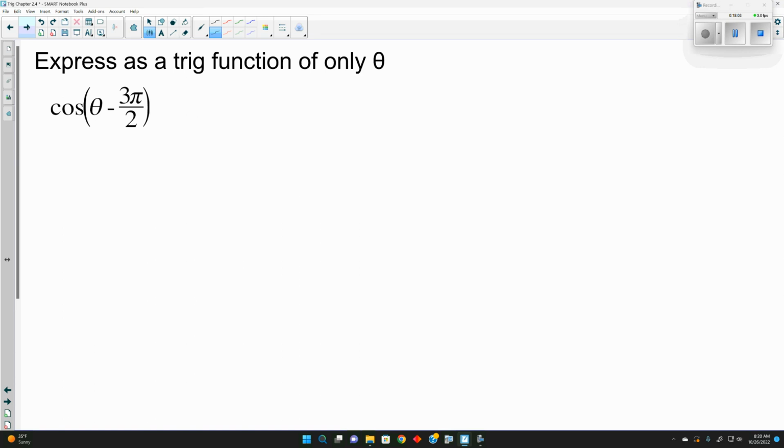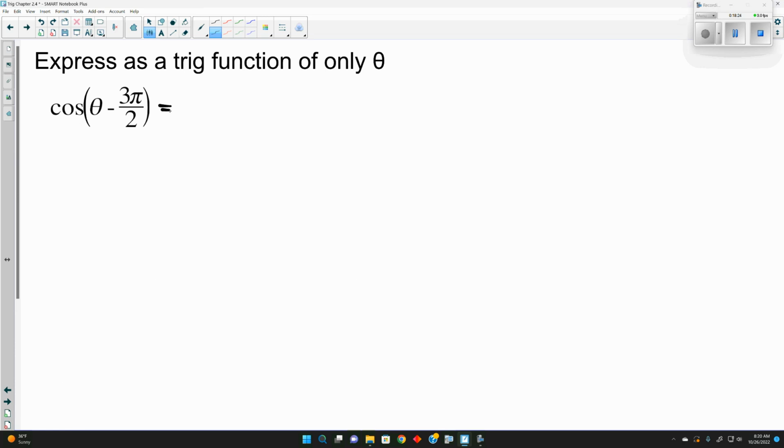Okay, this next one here is express as a trig function of only theta. That means we want to get rid of any cosine, sine, tangent function that has a number other than theta. So if it actually has an angle, we want to get rid of it. And we can do this by applying our sum and difference properties.